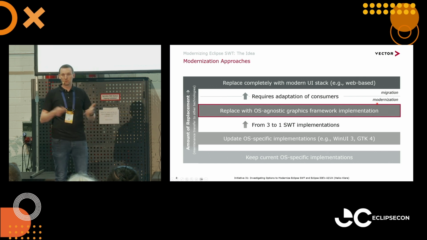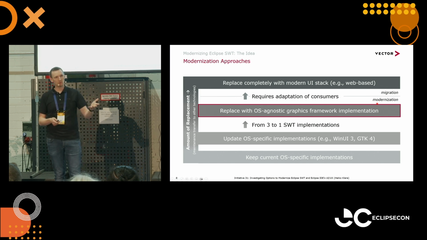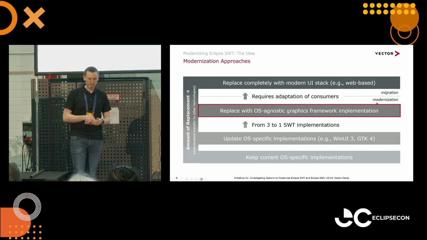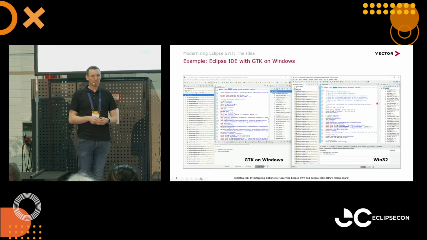So that could also be an approach to have some kind of OS-agnostic implementation. And there was already an approach some years ago to do this. There was a Windows port based on GTK for using SWT, in that case to use theming support of GTK. And we revived that one and found that it worked pretty well.